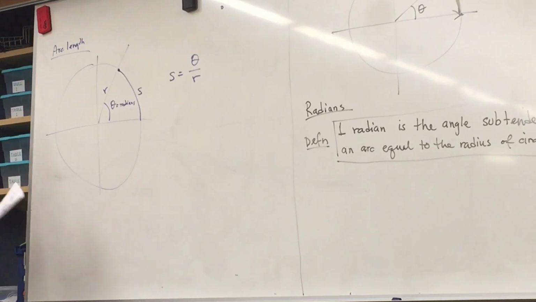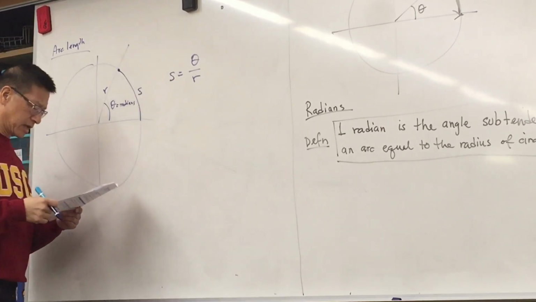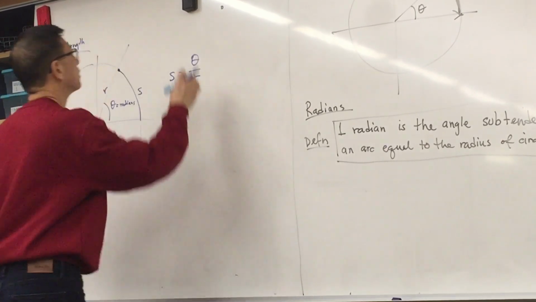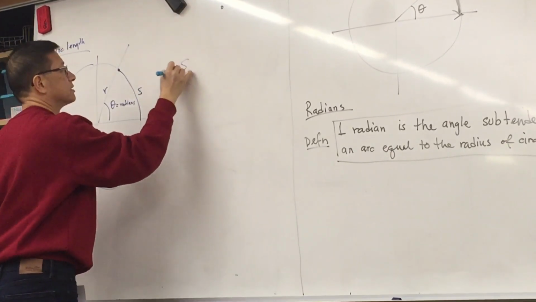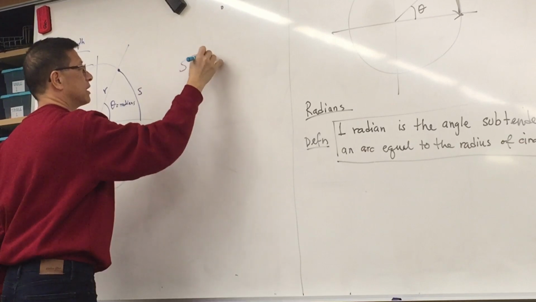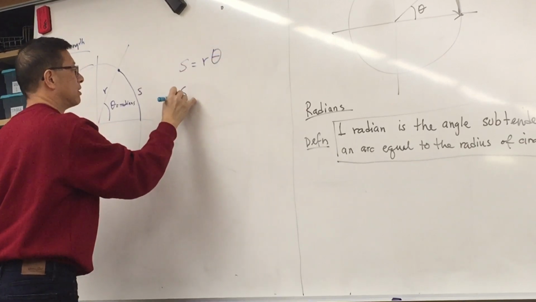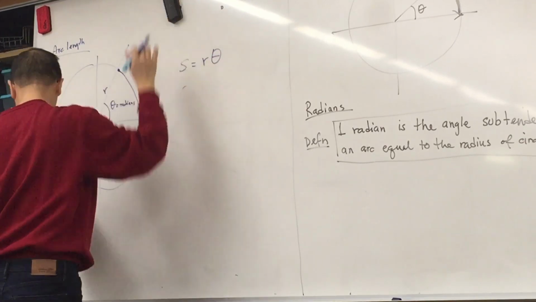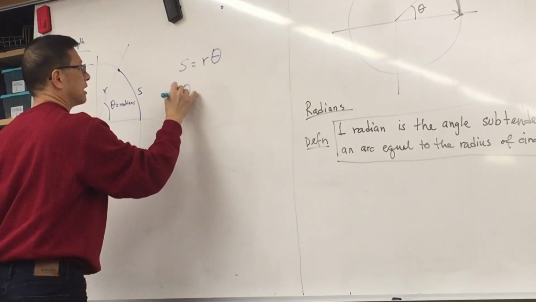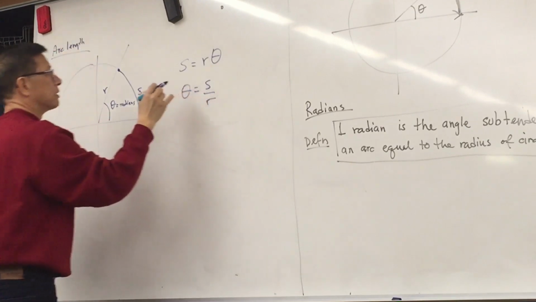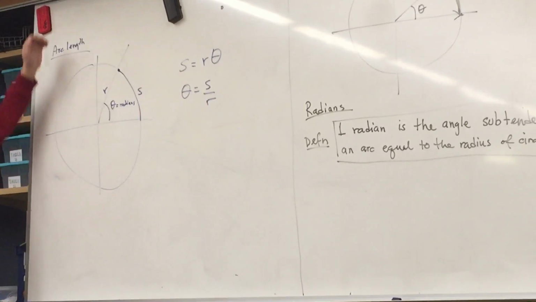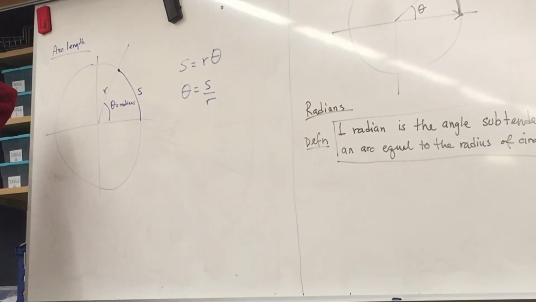Sorry, did I get that? I wrote that down wrong. This is not correct at all. S is equal to, see, when I said that, it didn't sound right. You could also write it as, in the book they have here, theta is equal to S over R. Okay, so let's go over that one more time, because I screwed up.